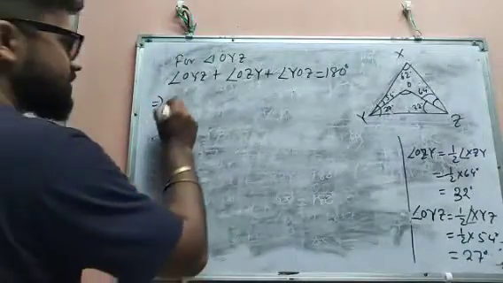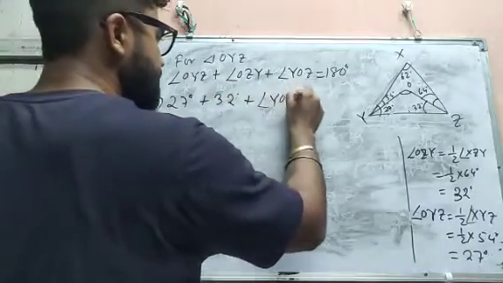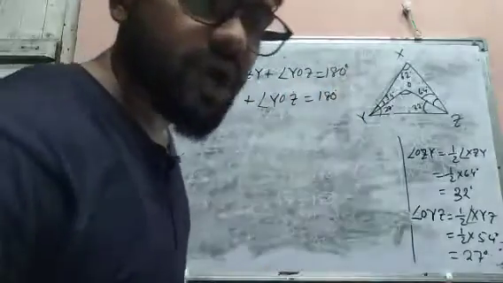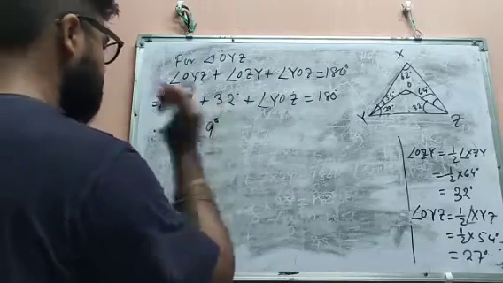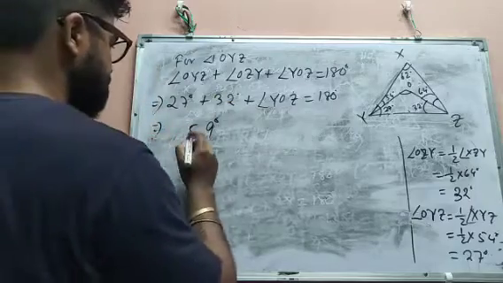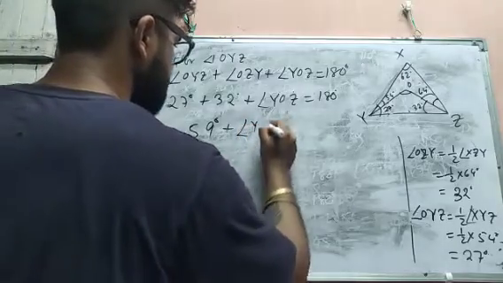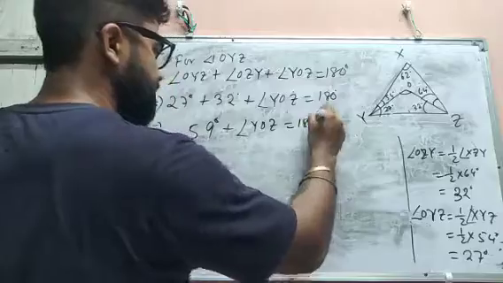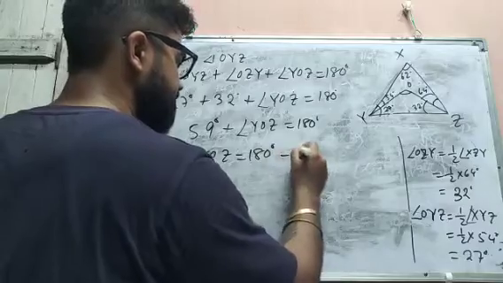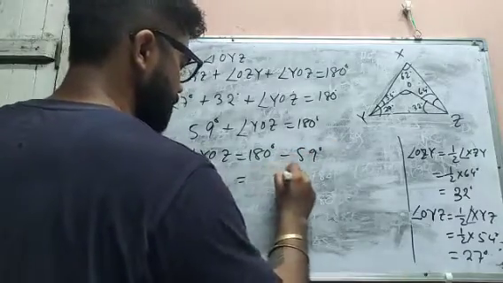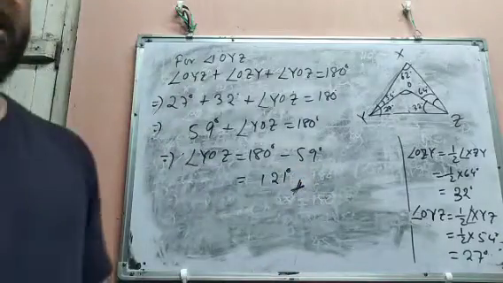So OYZ value is given 27 degrees, OZY 32 degrees, and we are asked to find YOZ. So 59 degrees plus YOZ equal to 180 degrees, or YOZ equal to 180 degrees minus 59 degrees, or simply 121 degrees, which is our required answer.